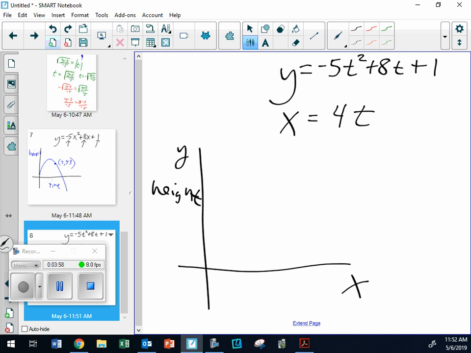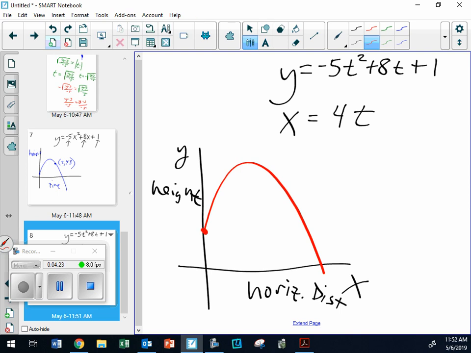Instead of vertical distance, being height, right? Horizontal distance, like how far away it is this way. Okay, so this is going to be horizontal distance. Now, if I were to graph one of these things, could it still look like this? Yes, it could.